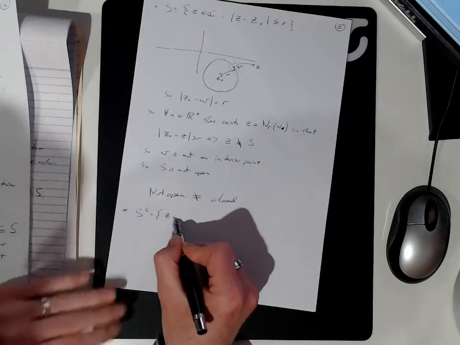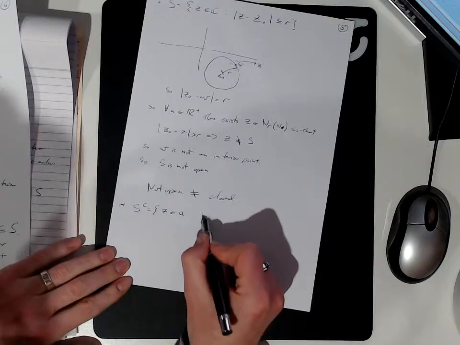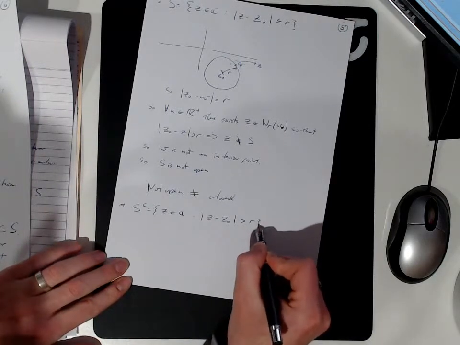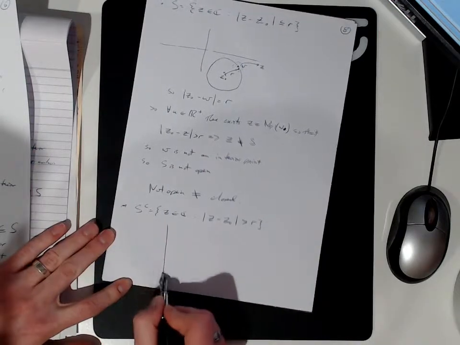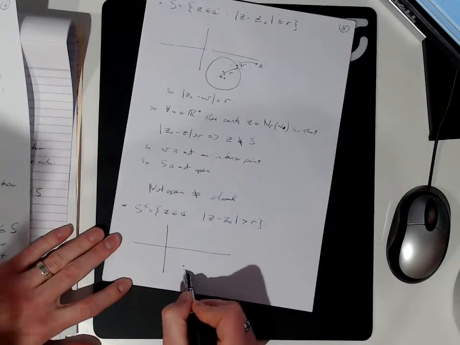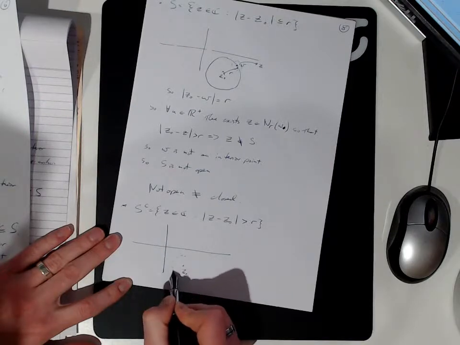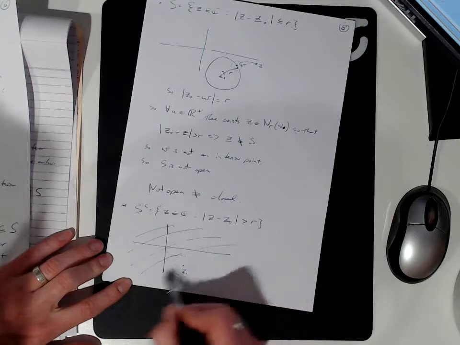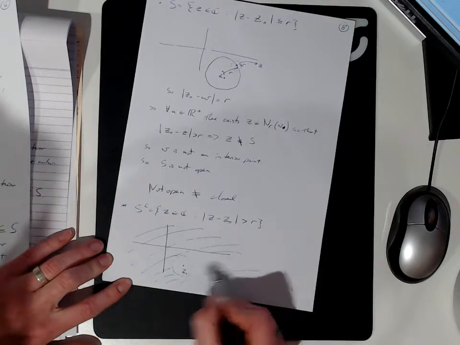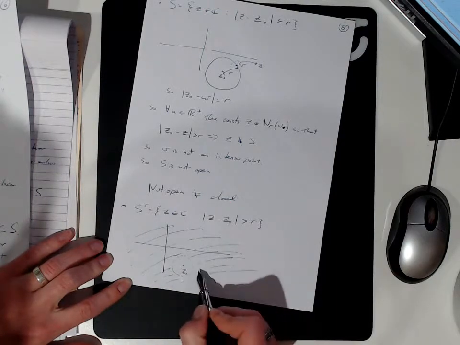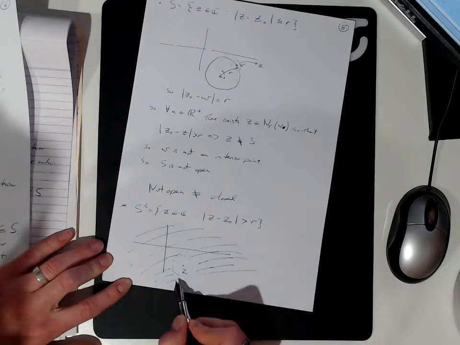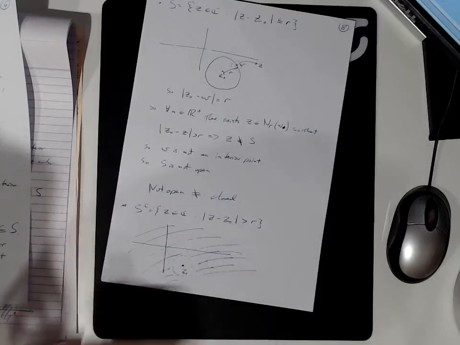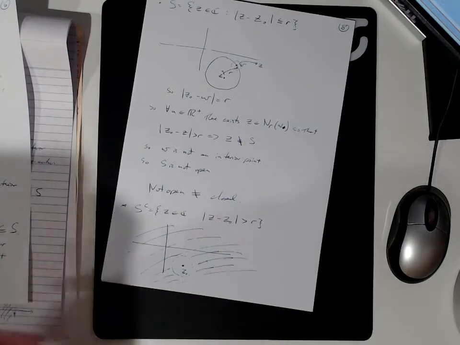It's all the elements z in C so that |z - z0| is strictly greater than R, everything outside of the circle.